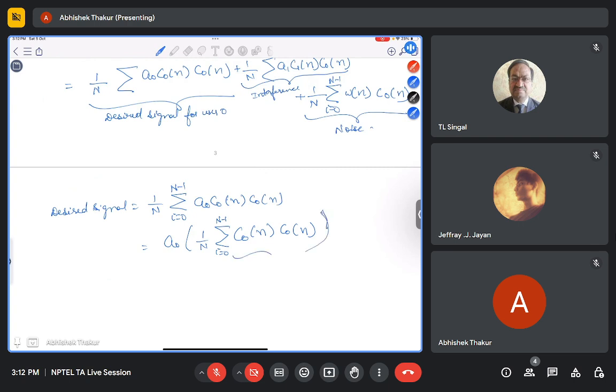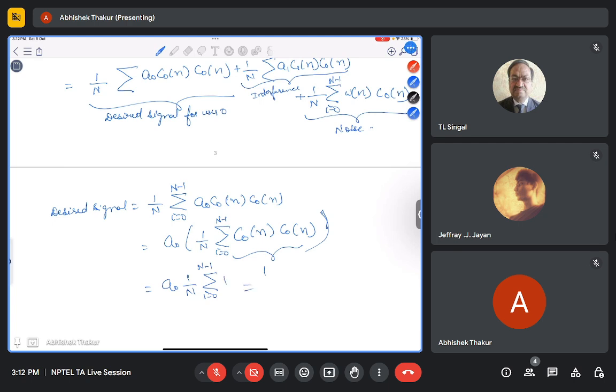We know that these codes are orthonormal, so the magnitude squared will be 1, so it will become A0 times 1 by N times the summation for n equal to 0 to N minus 1 of 1.